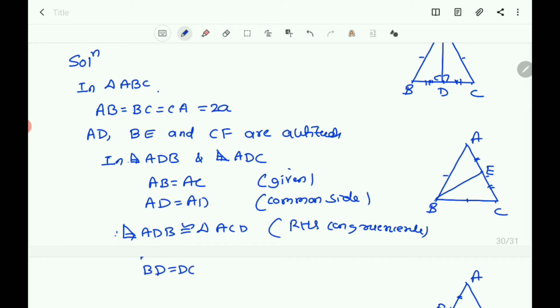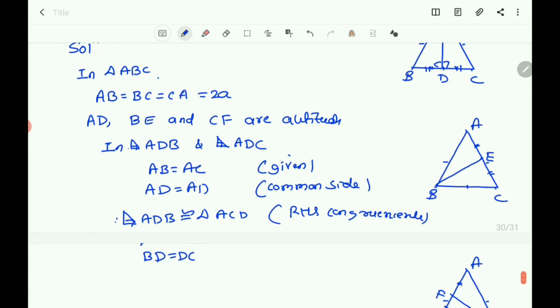BD is equal to DC means they must be half of BC here. D becomes the midpoint. What is the reason you are going to give? CPCT. Therefore BD is equal to DC, both of them equal to half BC.